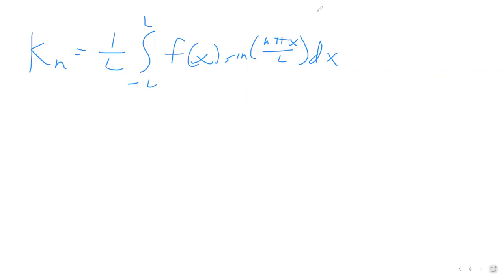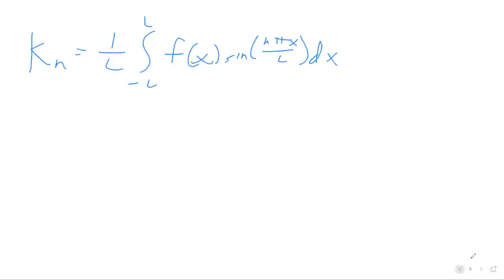There we have it. And of course, in this case, this f of x was the u at x, 0, so that our t did not matter.